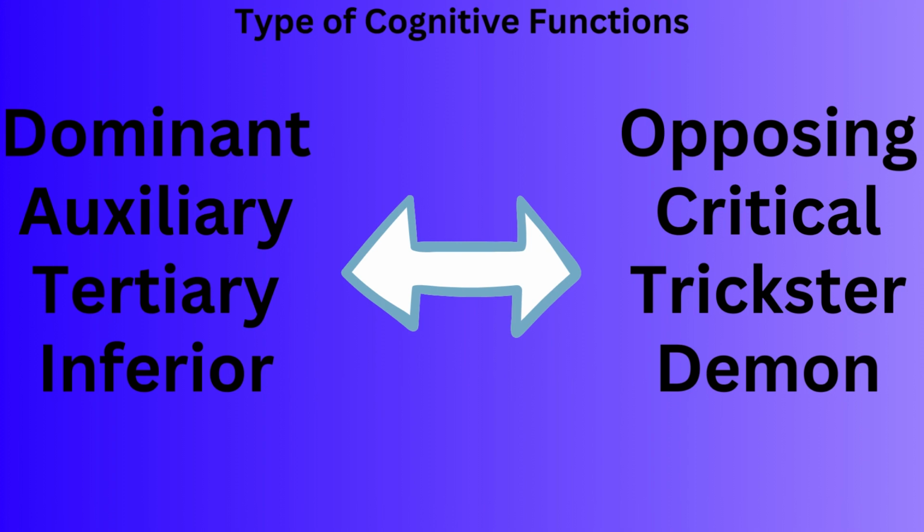Then for our auxiliary, we have the critical function, like the critical parent. It's the one we might use to point out other people's flaws, or even to criticize ourselves about certain things.